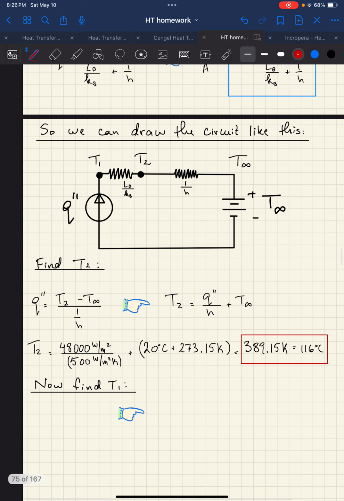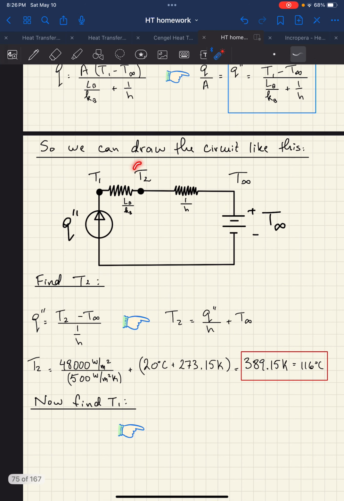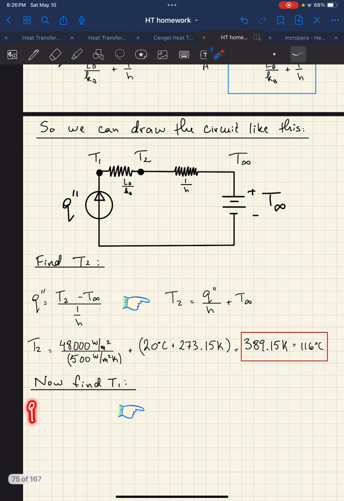T1, we can do the same thing, right? Because now we have this guy. So now we can do this voltage and this voltage divided by this resistance, and from there, we can manipulate the algebra to get T1. Same concept, where the current is going to be T1 minus T2, divided by the thermal resistance like so.